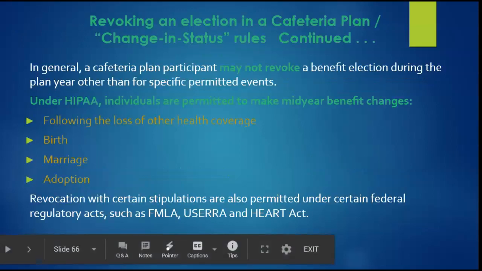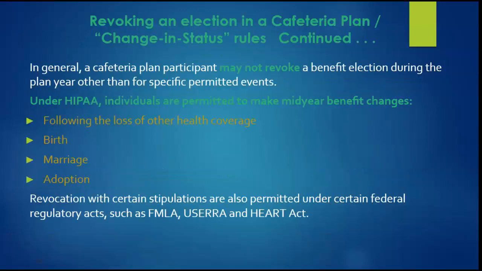So what are some of the things that prompt a change in status under a cafeteria plan? Well, if your spouse was carrying healthcare coverage and they lost their job, then you might be able to elect and get into the healthcare insurance that you have in your company and elect for these Section 125 benefits.